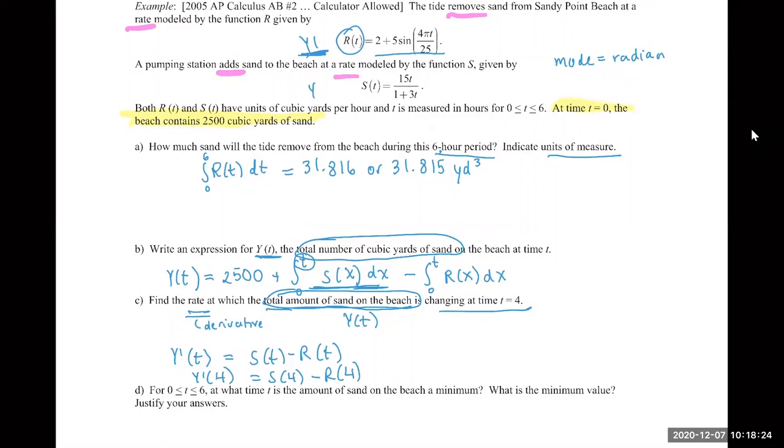So now, since I need s as well, I'm going to enter s of t into y2. So can I have you go to your y equals screen and enter s of t equal to 15t over 1 plus 3t, making sure that when you enter it in, you put parentheses around your denominator.